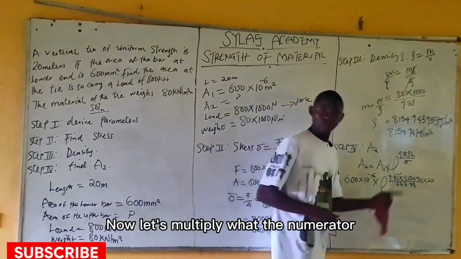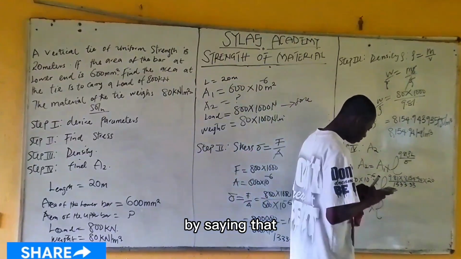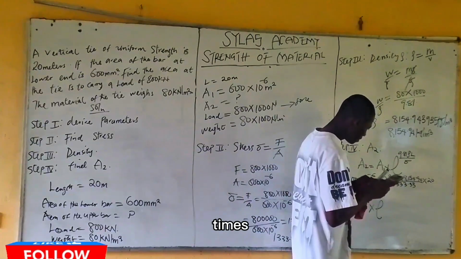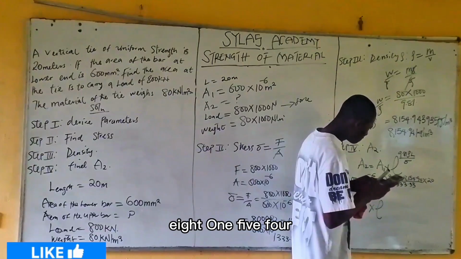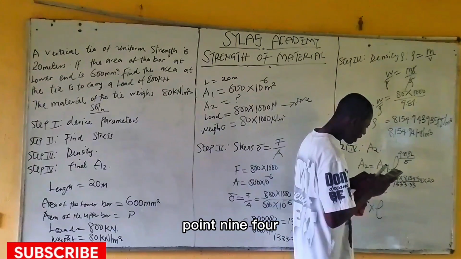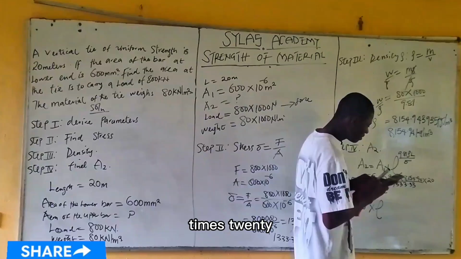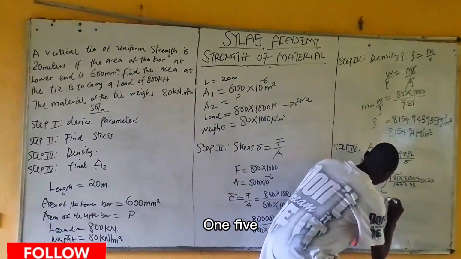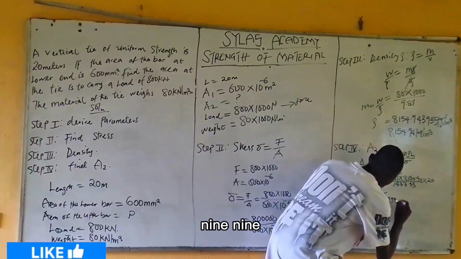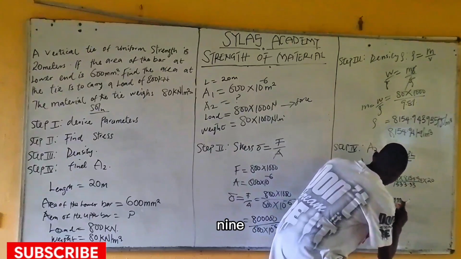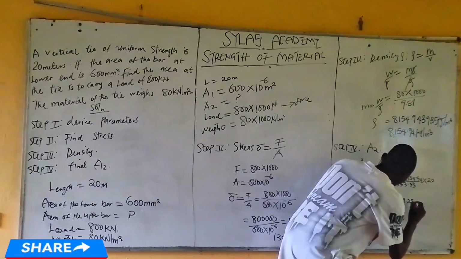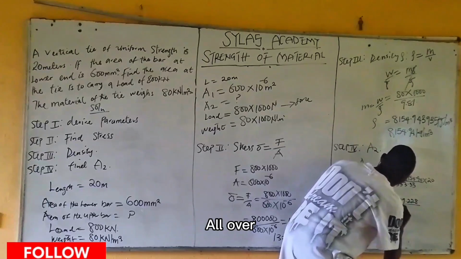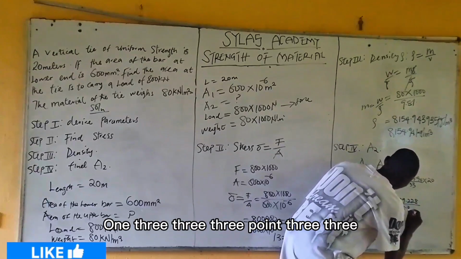Now let's multiply the numerator by saying that 9.81 times 8154.94 times 20 is equal to 1599999.228 all over 1333.33.